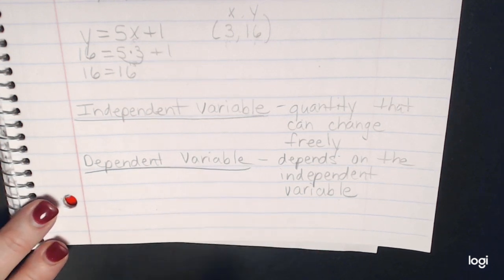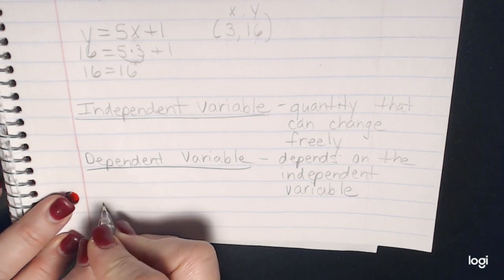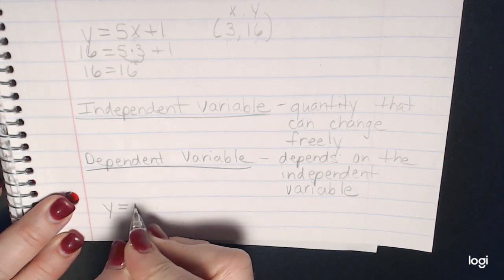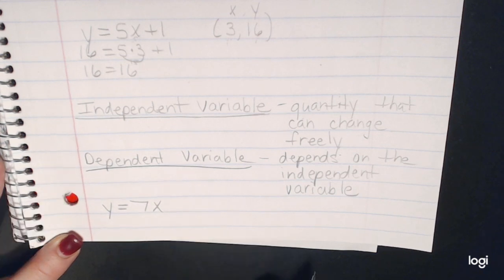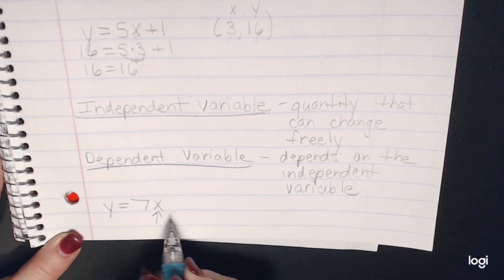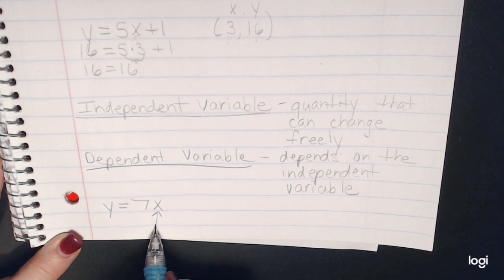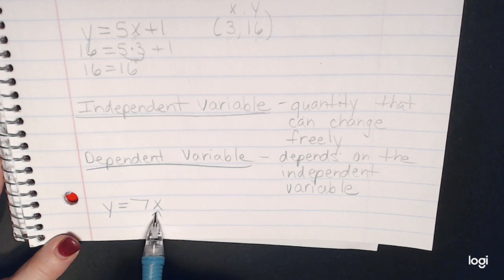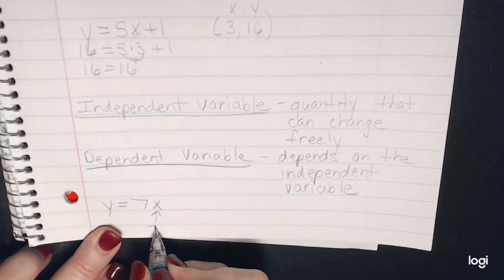So for example, when we had this equation here, y equals 7 times x. I can put any number I want in for x. It's independent. I can put a 7 or a 3 or a 9 or a 10, whatever I want to. And because I can put any number in here, this is called my independent variable.